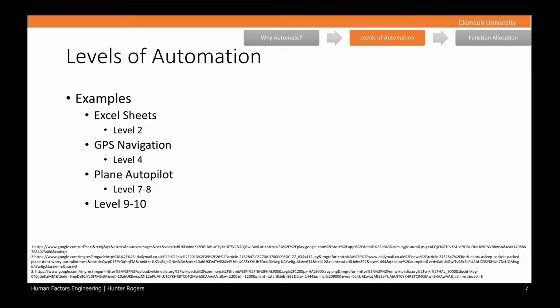And then you get into level 9 and 10. The only example I can really think of is HAL 9000 from 2001: A Space Odyssey, if you've seen that movie, where this automation system basically just does what it thinks is best, and doesn't really inform the humans, and it causes a lot of trouble. But those are some examples of the different levels of automation and things that we see around the world.